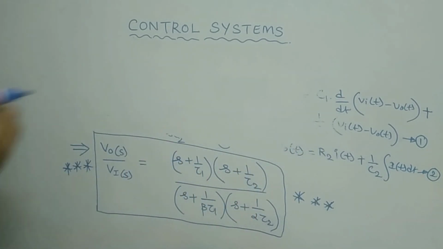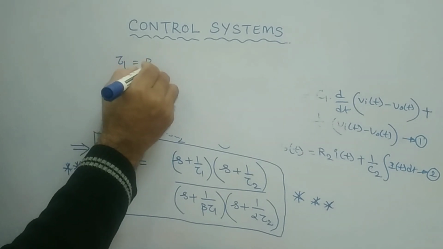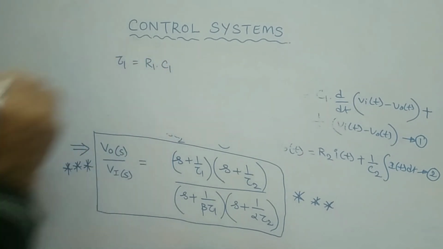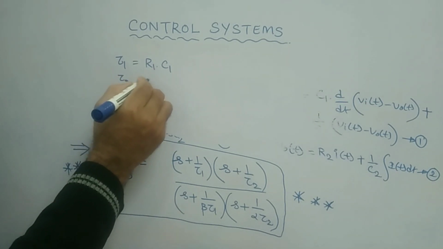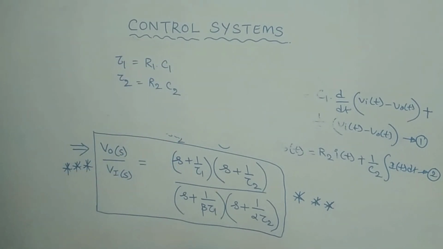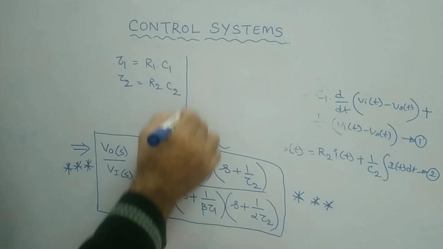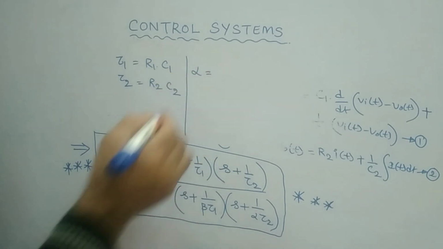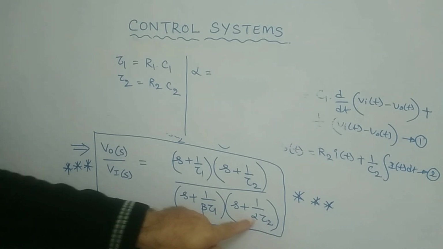So tau 1 is equal to R1 into C1, the time constant, as well as tau 2 is equal to R2 and C2, called the time constant. And similarly, what are alpha and beta?